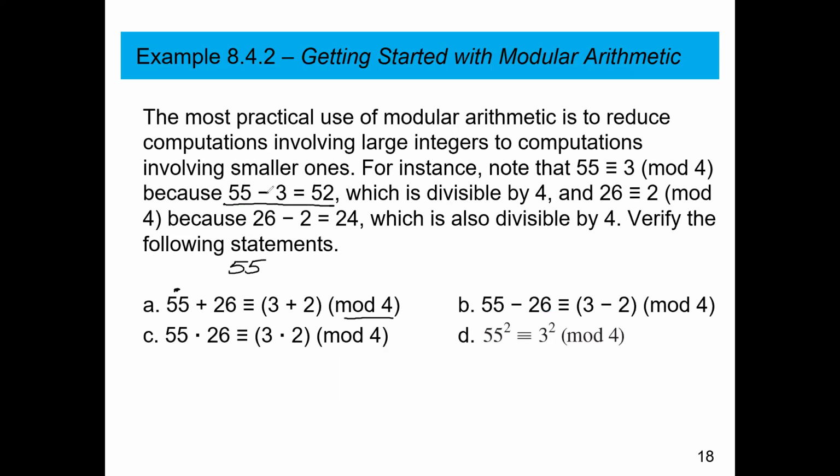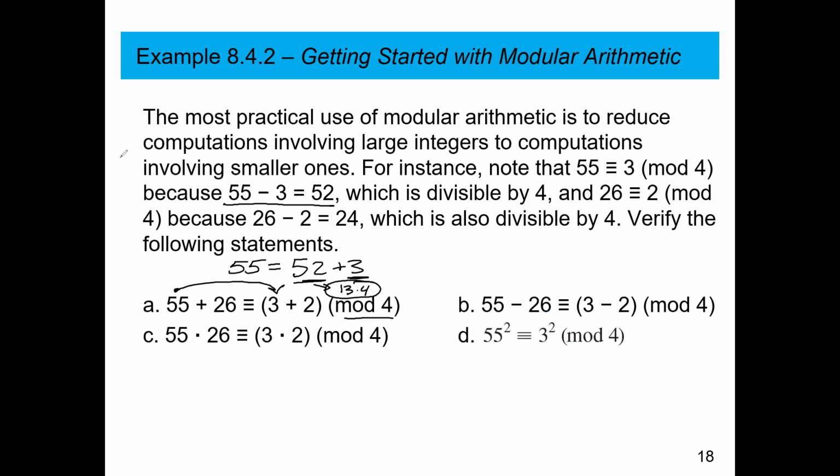I don't like it when they do the minus stuff; that doesn't make as much sense. It is more correct that this is 52 plus 3, and 52 is equal to 13 times 4. So this is a multiple of 4 plus 3 more. That's why 55 becomes 3.